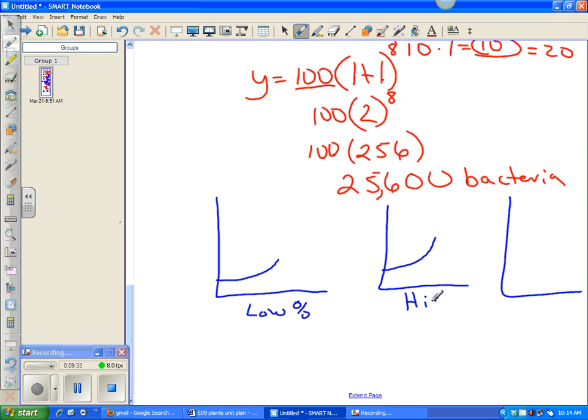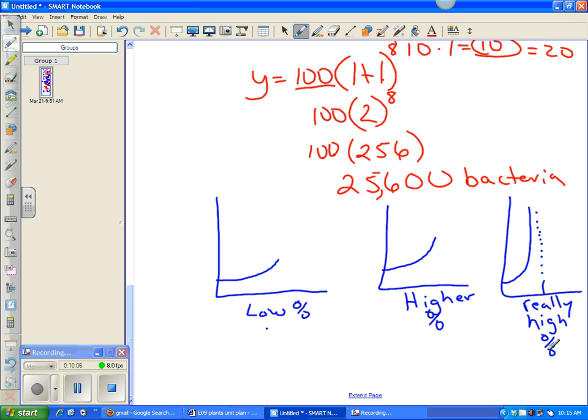And I'm going to put higher compared to a low one over here. And when a percentage grows really fast, by the way, it never curves back on itself. It will always continue, and this is called an asymptote, this number here, the little dotted line. It'll always forever get closer and closer to that number, but never really pass a certain number. The percentage is really high, a really high percent.